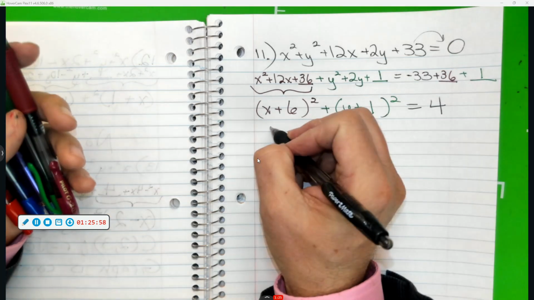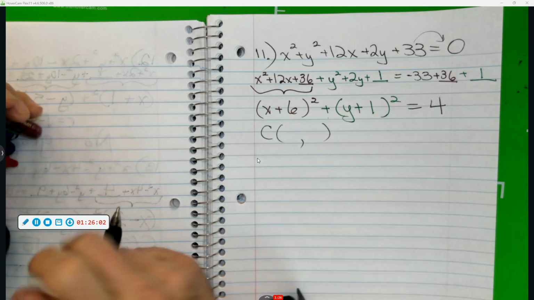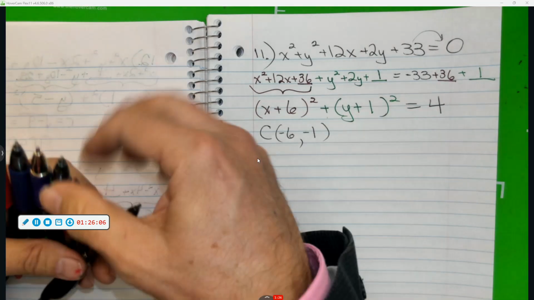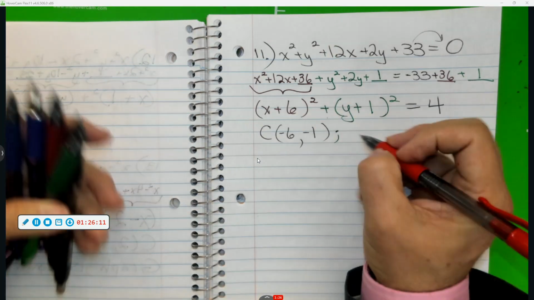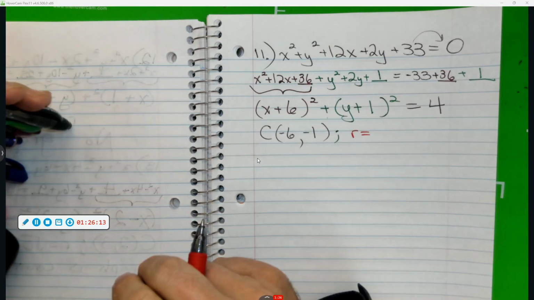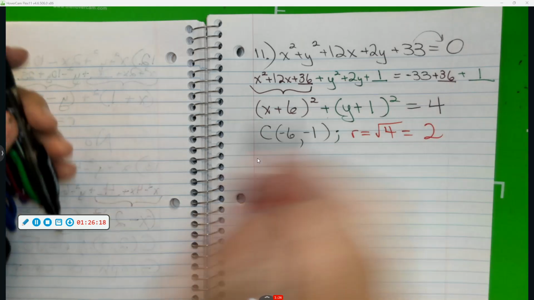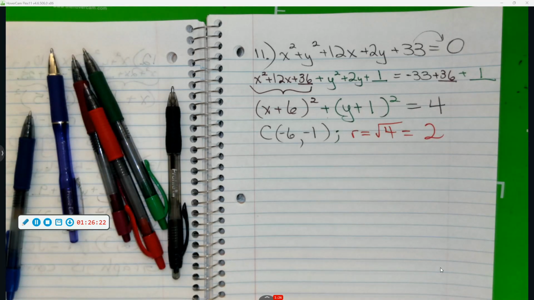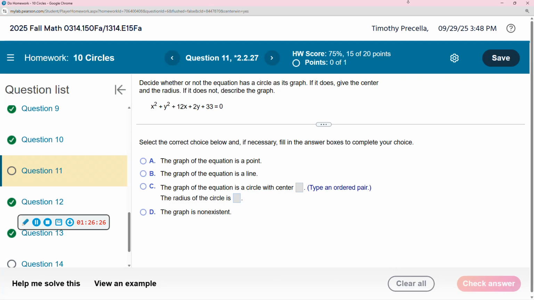Okay, so what's the center? Negative 6, negative 1. What's the radius? 2. I couldn't hear you. 2. 2, I agree. You took the square root of 4, which is 2. And coming over here, this is one that you don't have to graph either.